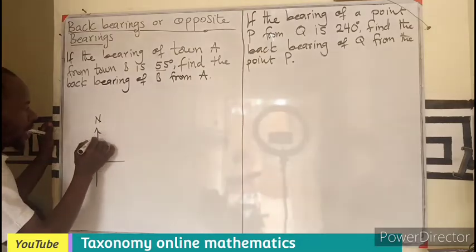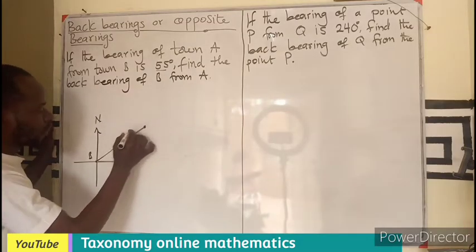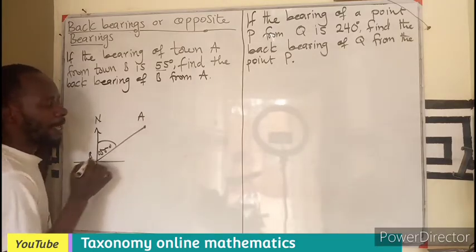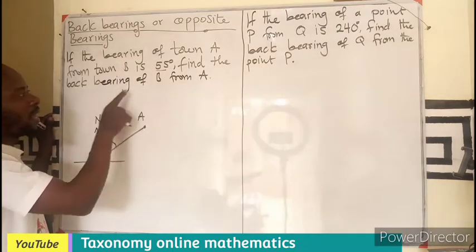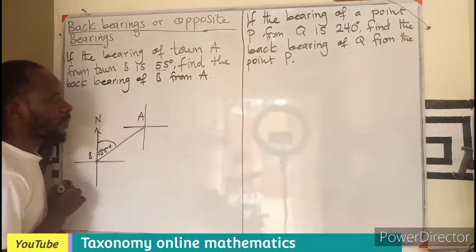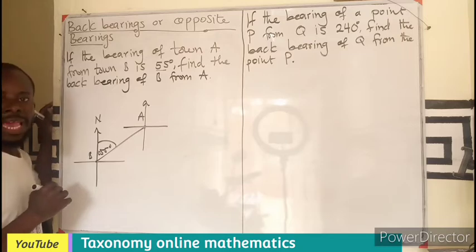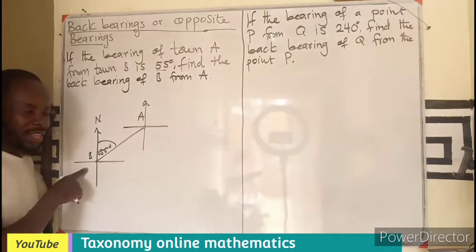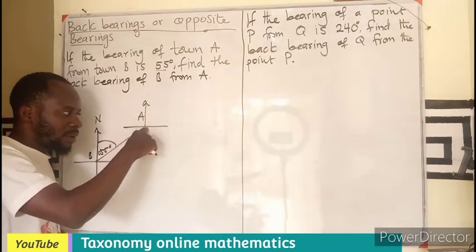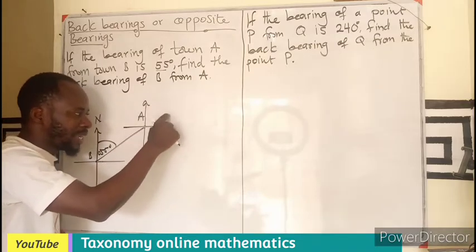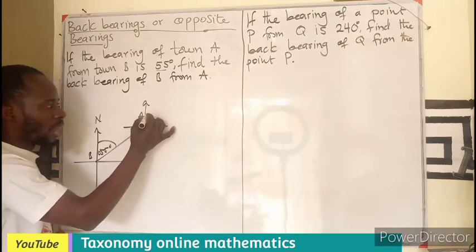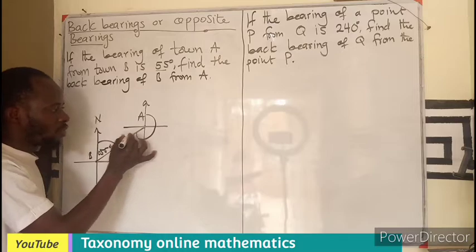So per the reading from the north, we will get our 55 degrees to the point A. Now, for us to be able to get a bearing of B from A, we need also to draw another Cartesian plane at our town A. We are looking for the bearing of B from A, meaning we need to go to the origin of A, going to the north, measure an angle to meet the line joining the points A and B. So I'm going to move all the way from here to this place.